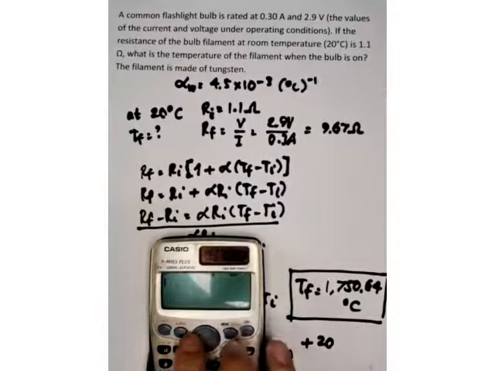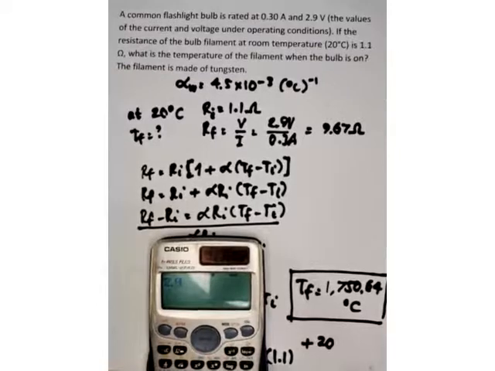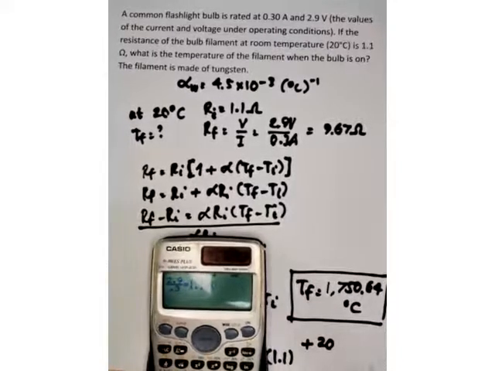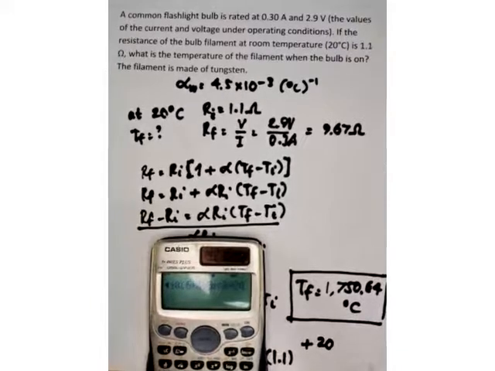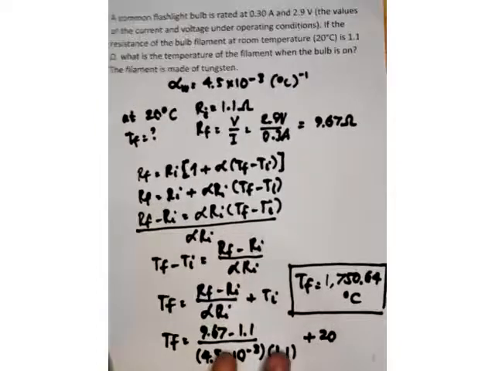So that's 2.9 over 0.3 alpha equals 1.1 times 1 plus 4.5 exponent negative 3 times alpha x minus 20, shift solve. 150.64 degrees Celsius. Okay, so that is the final answer.